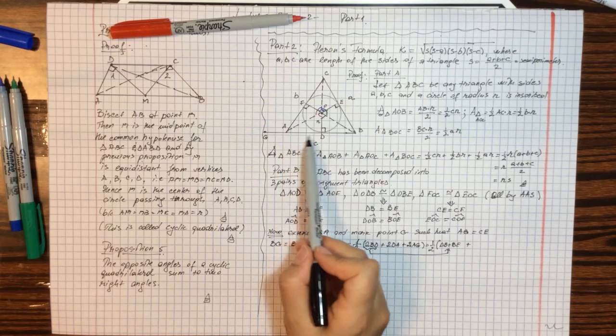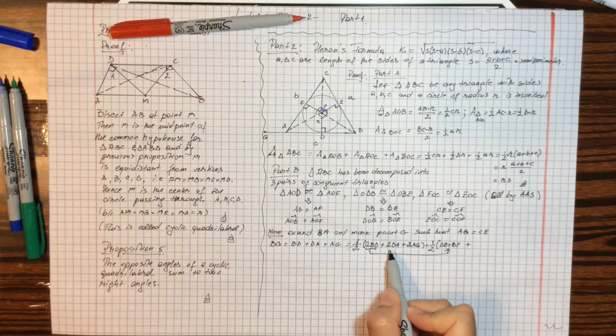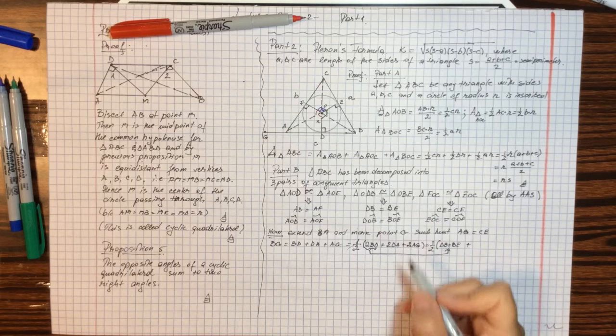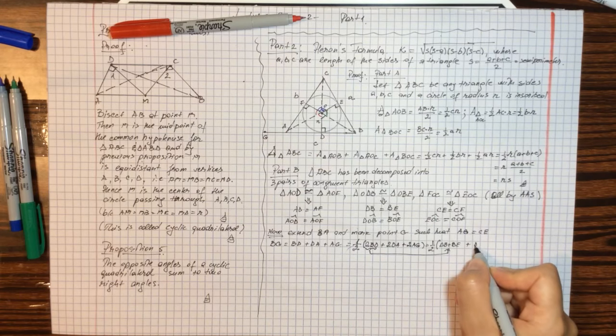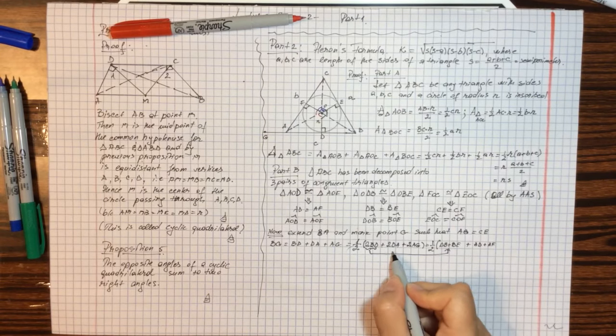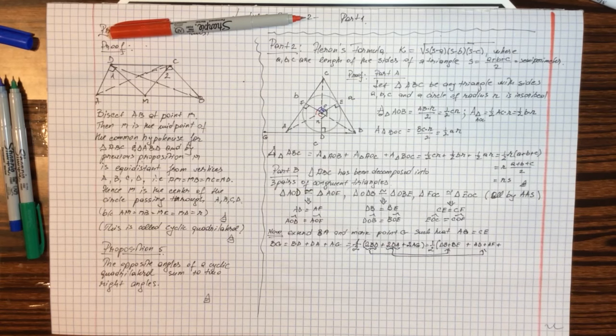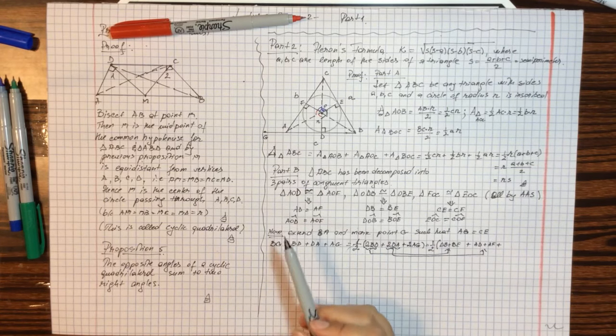Well, DA is the same as AF. We showed that here. So instead of writing 2AD, I'm going to write AD plus AF. And 2AG, well, what can I do about AG?